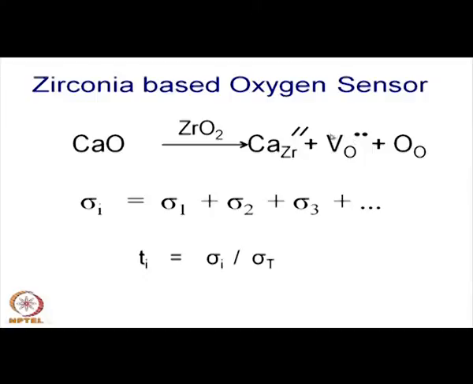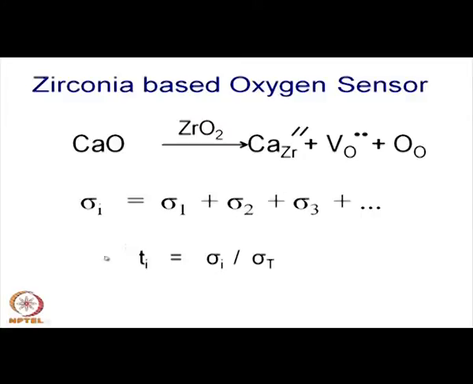and that leads to a very enhanced mobility of oxygen ions and high oxygen ion conductivity. This is a very typical material where in the solid state you have very high oxygen ion conductivity and almost nil electronic conductivity.